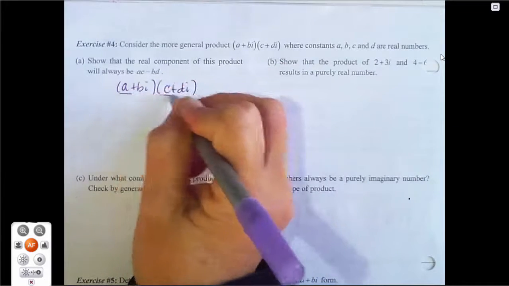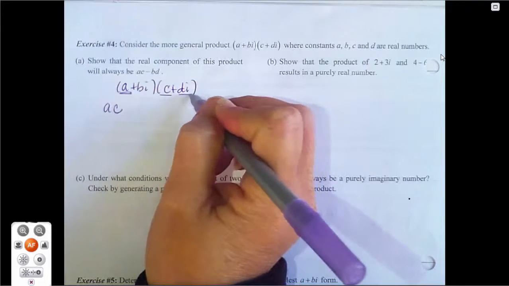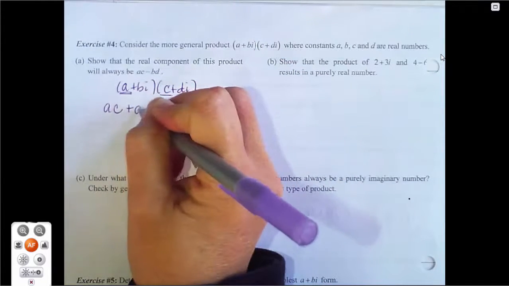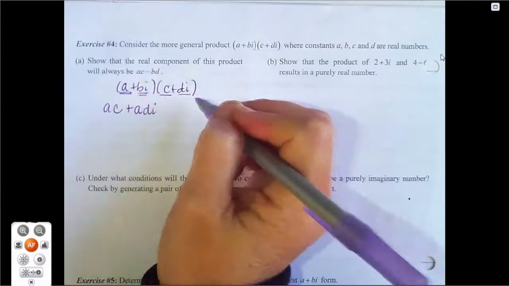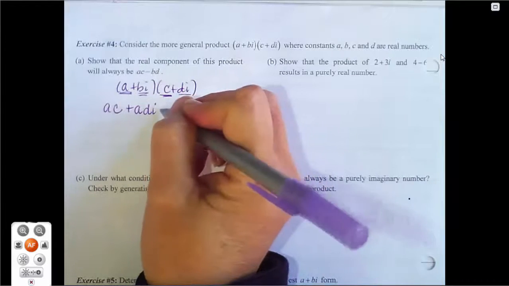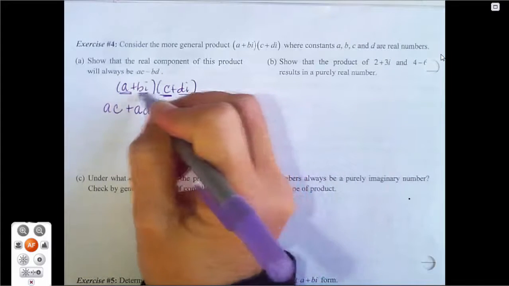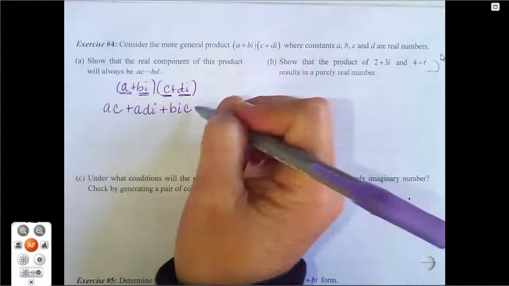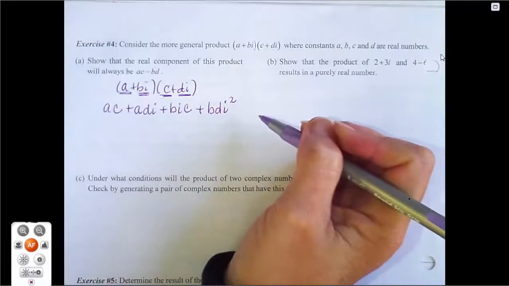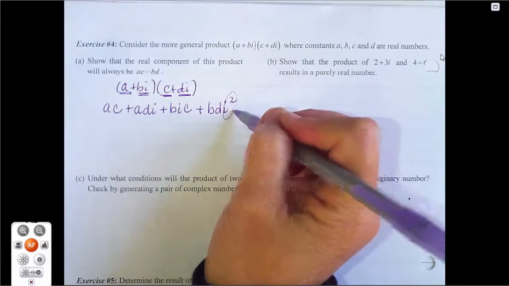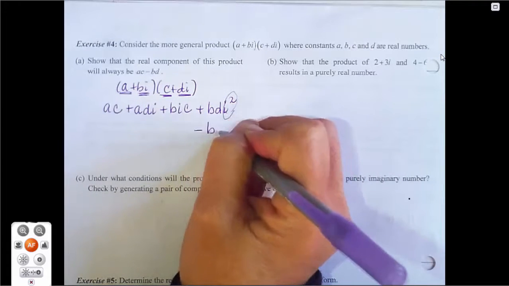So a times c is ac. a times di is adi. bi times c is bic, and bi times di is bdi squared. Yet again, i squared is negative 1, so b times d times negative 1 is negative bd.